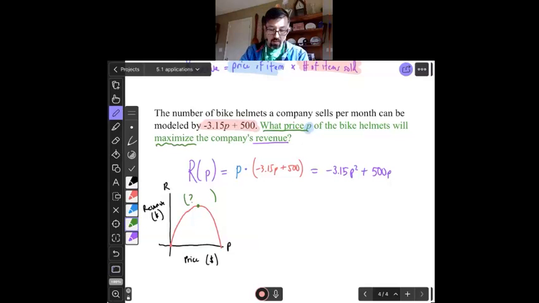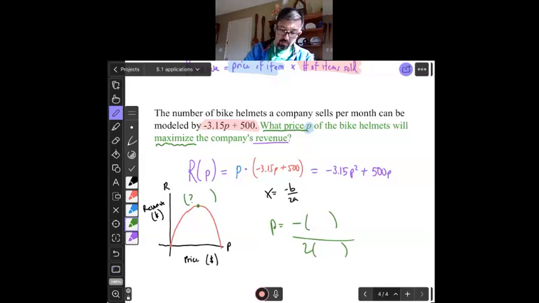Well, how do we find x? X equals negative b over 2a. Right. So that means that p equals negative b over 2a. Our b value being 500. Our a value being negative 3.15.